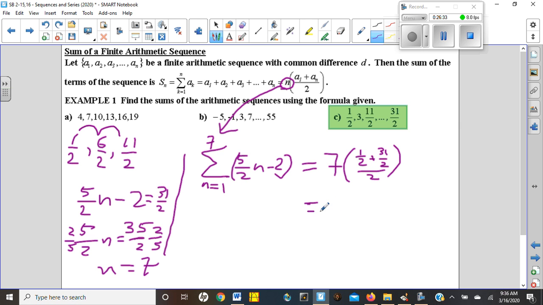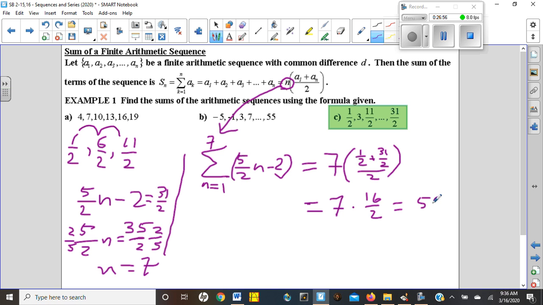So what are we going to get here? 7 times 1 half plus 31 halves is 32 halves, which I think we probably could just call 16. And 16 divided by 2 is 8, and 7 times 8 is 56.